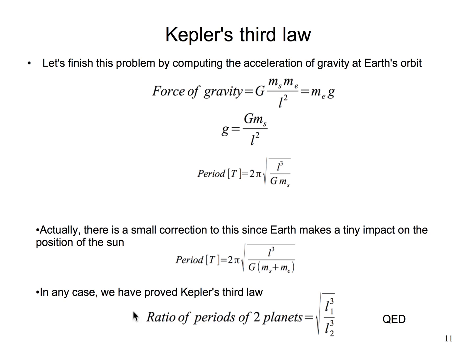All right, so in any case, here's Kepler's third law. The ratio of the periods of 2 planets goes as the square root of the ratio of the cubes. Because if you do this ratio, the 2 pi, the G, and the mass all disappear. So we have Kepler's result, a fairly efficient way to calculate that.